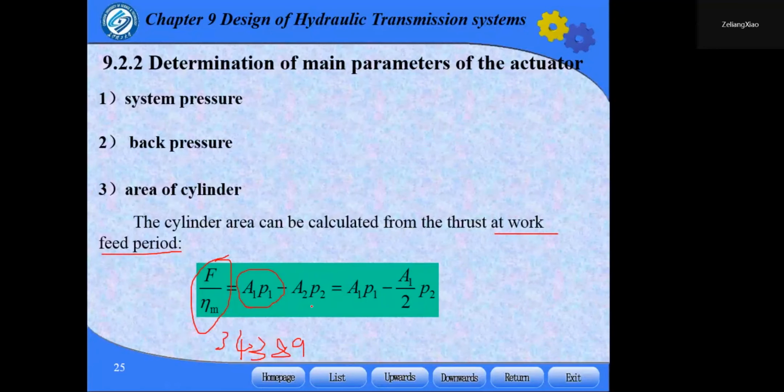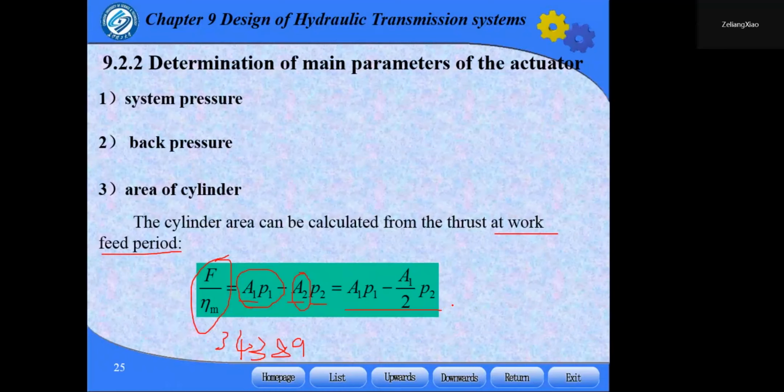This is the working pressure, and this is the back pressure. The area of working, see the back pressure area, so we can get. We consider the back area equals half of the working area. So we can get this equation.